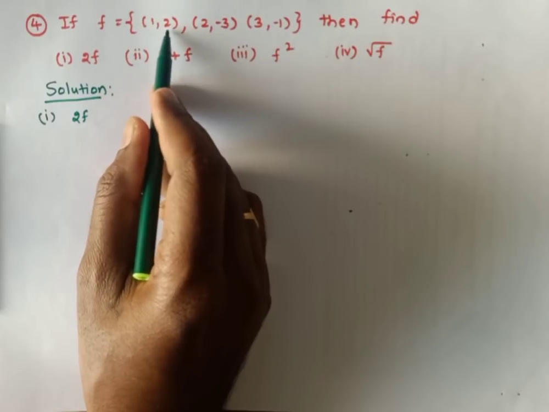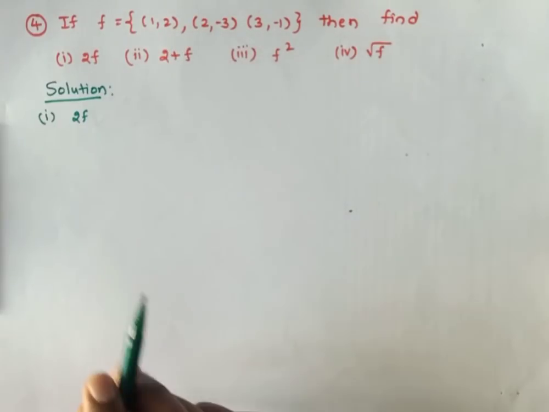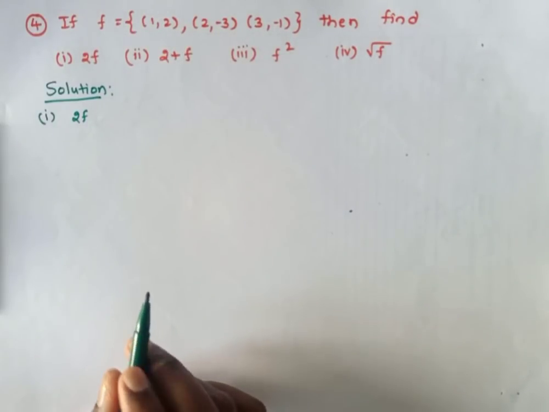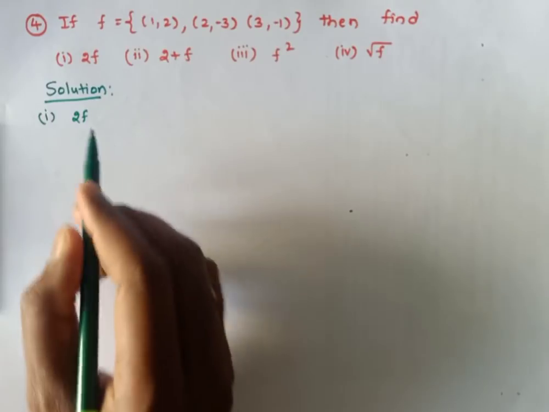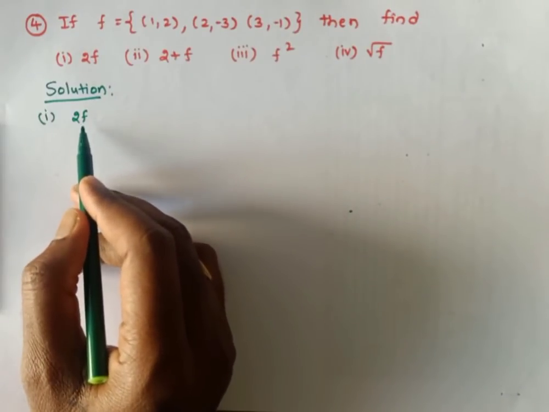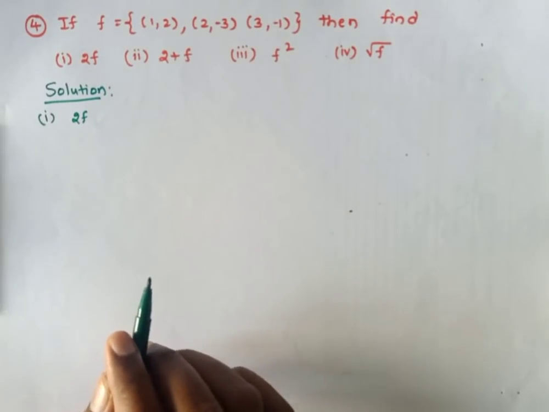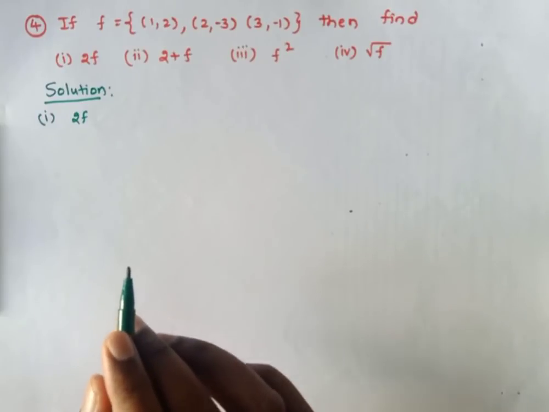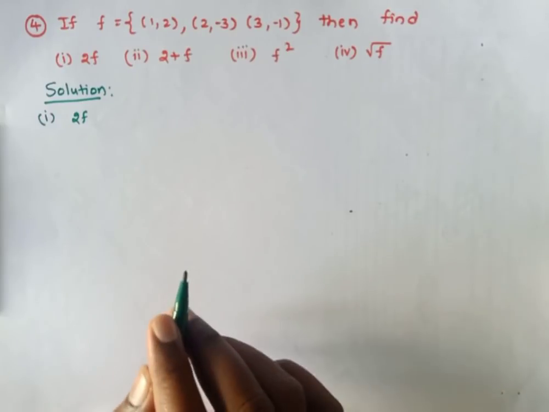Not to multiply the f value of 1. Just multiply that 2 with these values, 2, minus 3, minus 1. This is the defined value, like f of x is 2 into f of x, meaning you multiply the 2 with f of x.